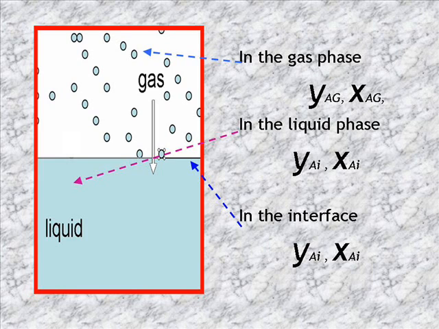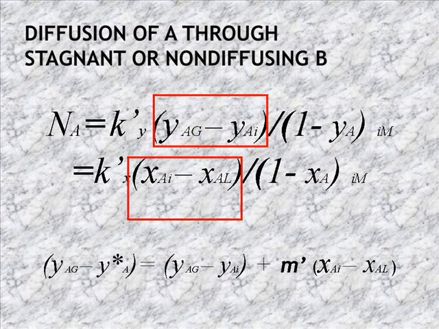As of the previous slides, we had the equations for the mass flux. Here we have the mass flux substituted with YAG minus YAI. The substituted part is in terms of the interfacial part.